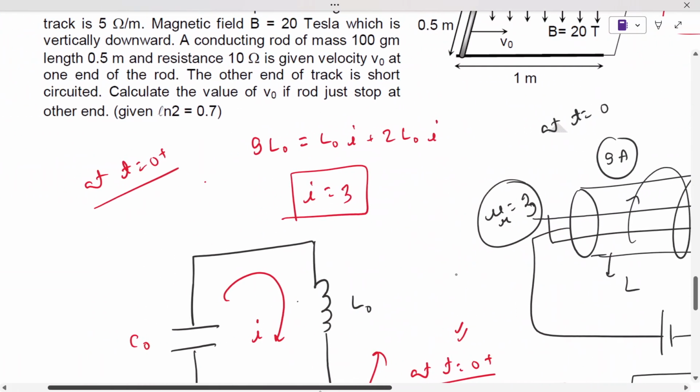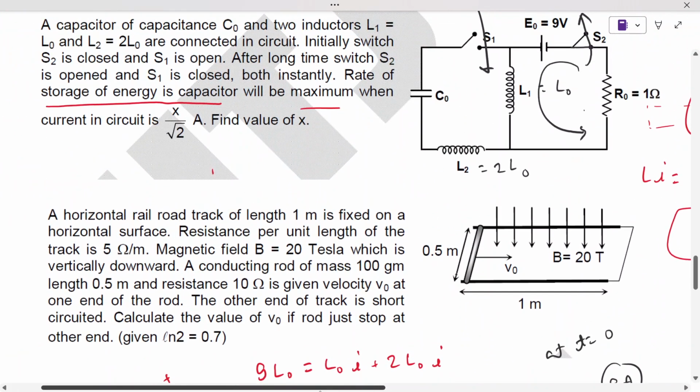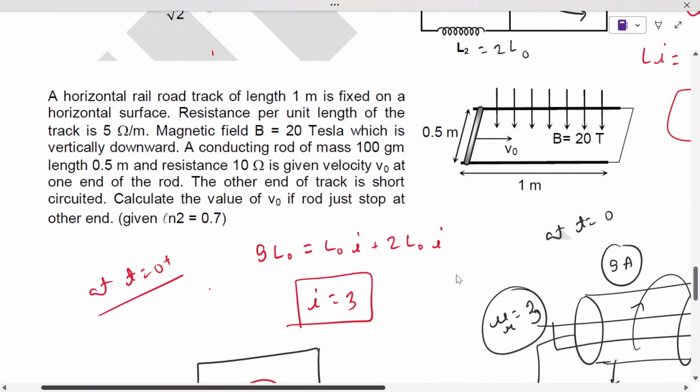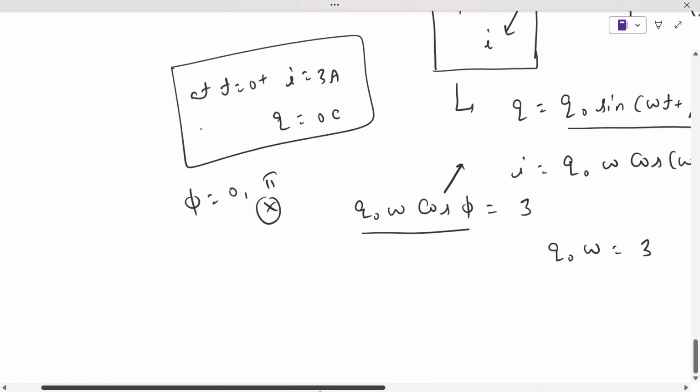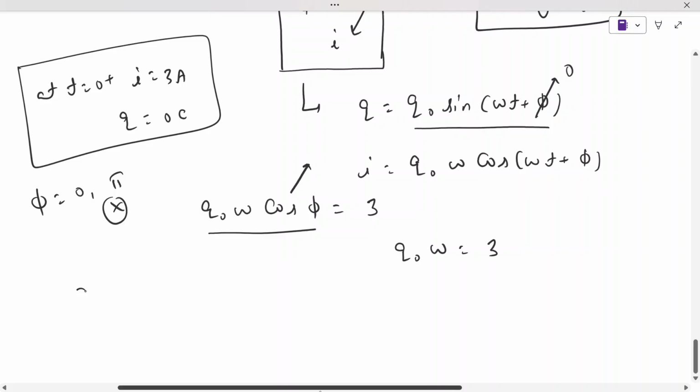I have to calculate that current particularly when the rate of energy stored in the capacitor will be maximum. Okay, fine. Rate of storage of energy in the capacitor is d by dt of that energy, which is the power itself. Power across the capacitor should be maximum, so d by dt of it should be 0.